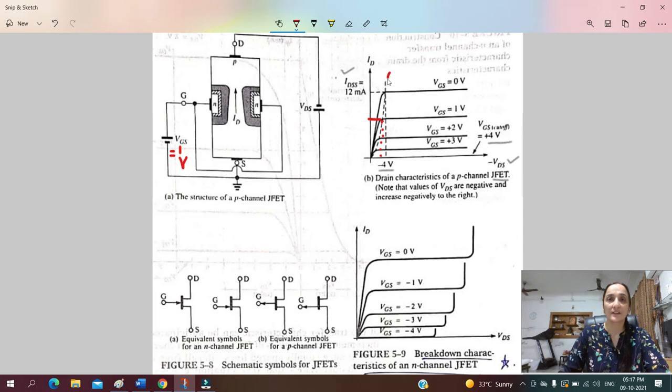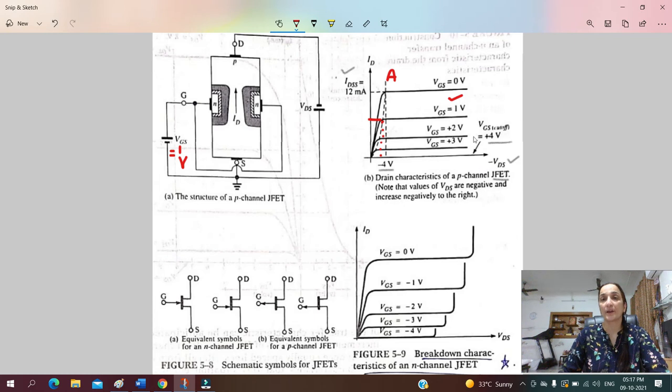That's why we can say that the region to the left of A behaves as a voltage controlled resistance region where the resistance can be controlled with the value of VGS. So as VGS is made more positive, drain current becomes smaller, drain current saturates at a lower level and also pinch off occurs for a lower value of VDS.